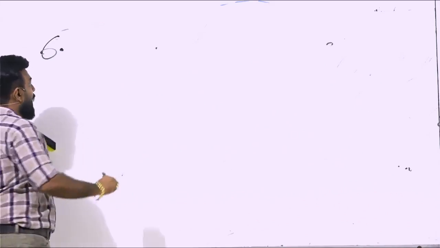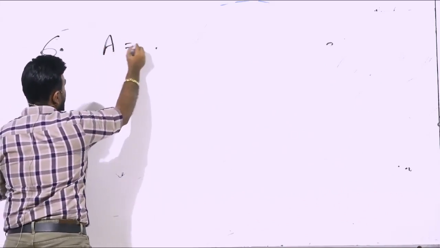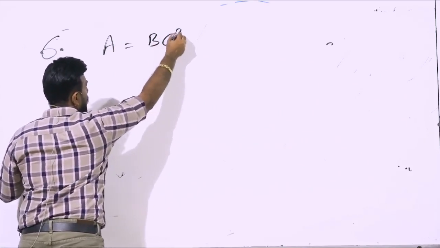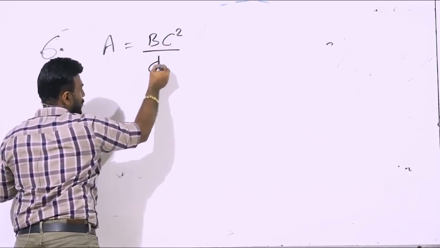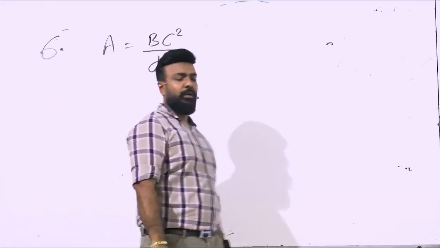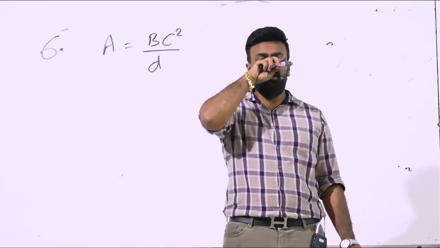Now it is number 6, okay? A equals BC square over D gives an equation.